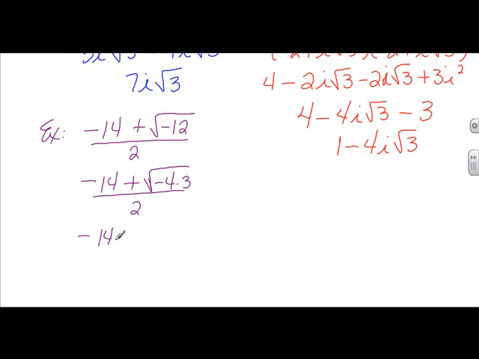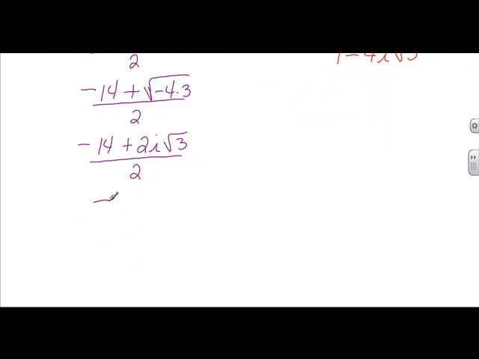So negative 14 plus 2i times the square root of 3, all divided by 2. Now I'll divide 2 into each term. Negative 7 plus i times the square root of 3 would be the correct final answer.